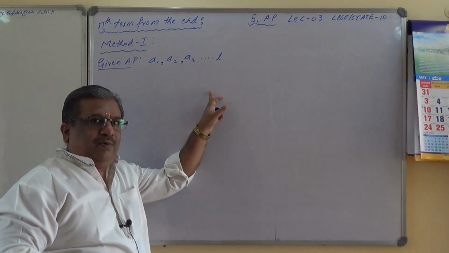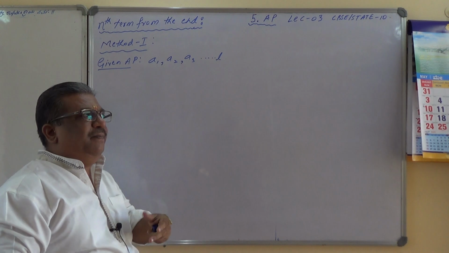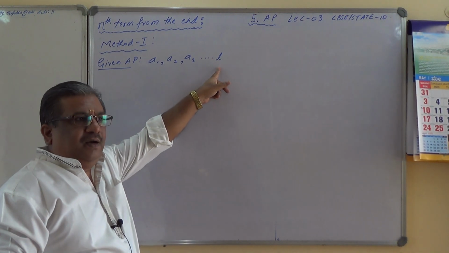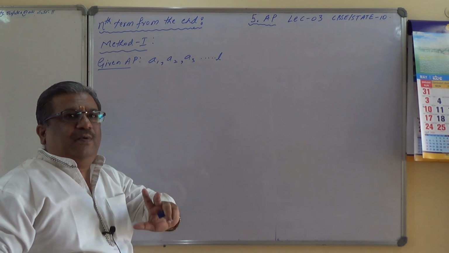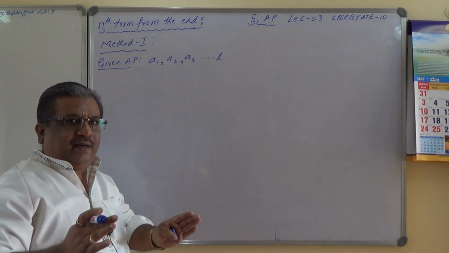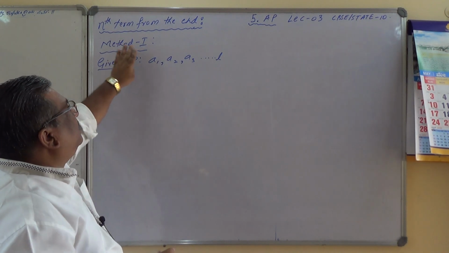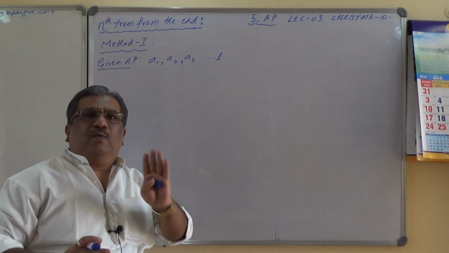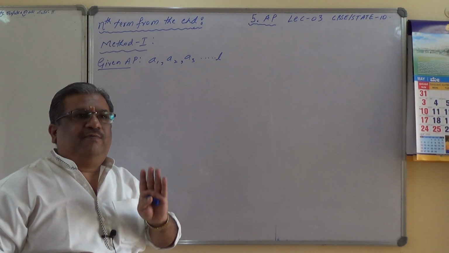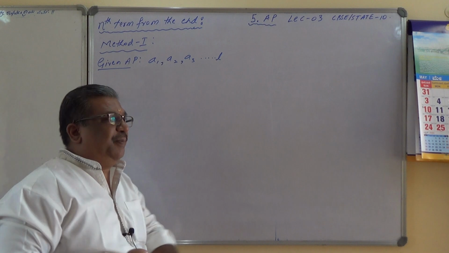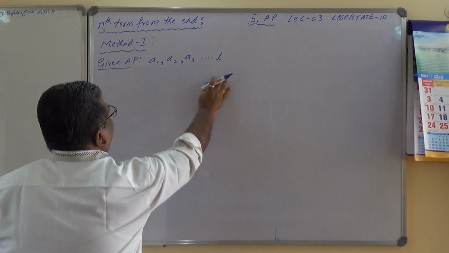To find out the nth term from the end, one condition is important: you must know either the last term or how many terms there are in total. The meaning of this is that the nth term from the end can be found out only in a finite AP. Are you able to understand? Finite AP, that's fine.